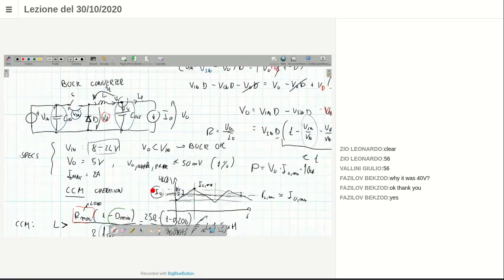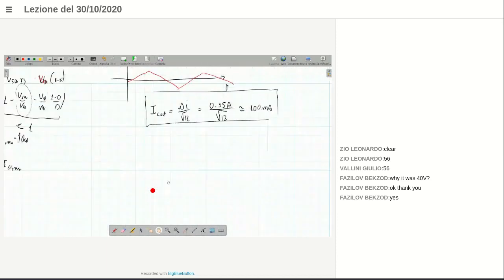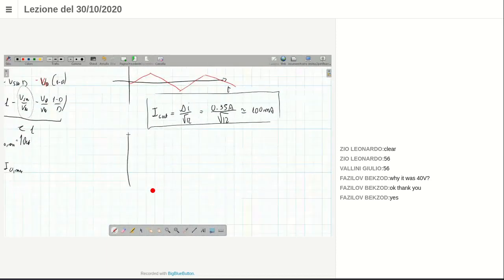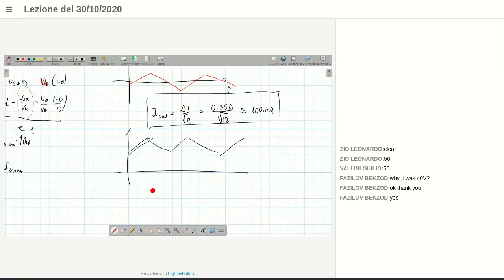Basically, the current flowing through the input capacitor is the current flowing through the switch minus the input current, which is expected to be a DC current, since we put the capacitor to filter out all the fluctuations. This is the current in the switch.